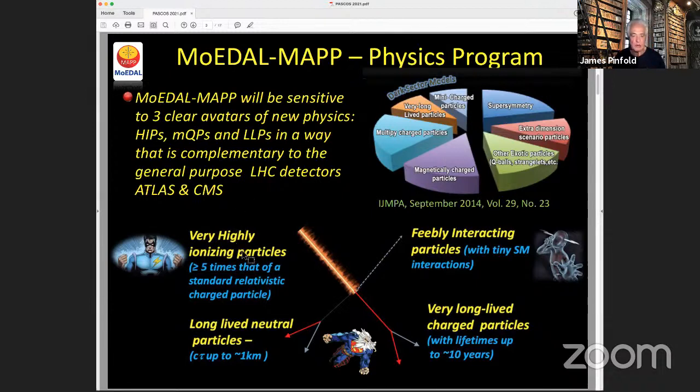So we look for very highly ionizing particles that are greater than 5 times that of a standard relativistic charged particle, very long-lived neutrals that can have lifetimes up to kilometers, feebly interacting particles with tiny standard model interactions or charges, for example, that can be as low as 1,000th that of an electron, or very long-lived charged particles, lifetimes up to 10 years. So the idea here is to look for things that the main experiments would find very challenging.